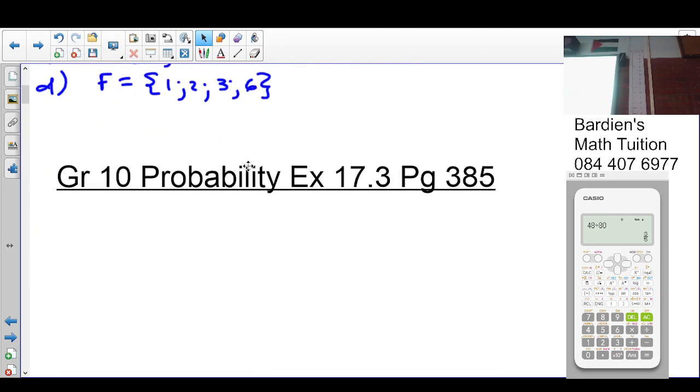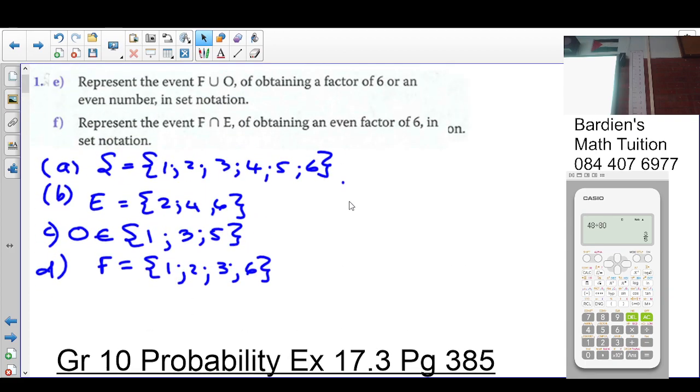E, we are asked to represent the event F union O, of obtaining a factor of 6 or an odd number, in set notation. So what is in F is 1, 2, 3, 6.